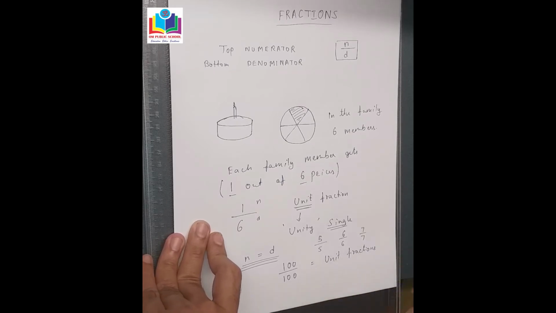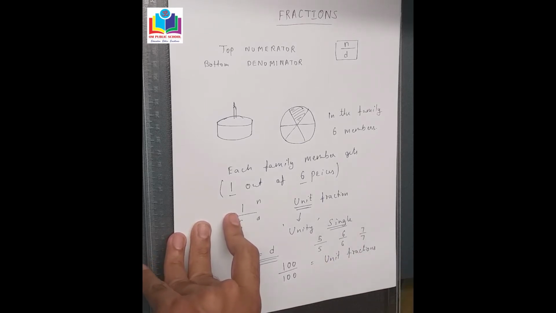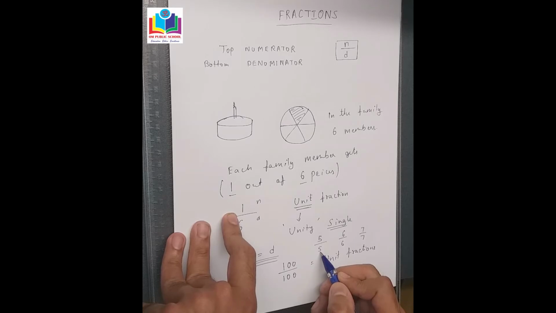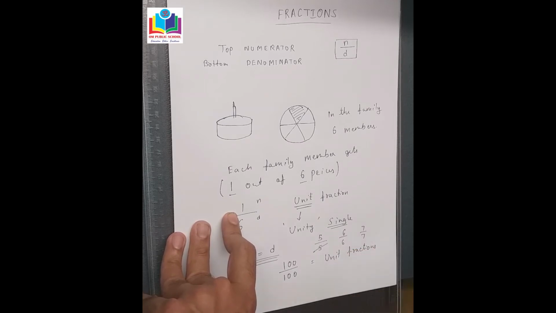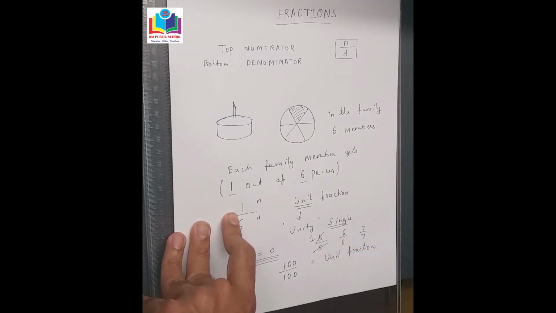Because when we cancel them, how do we do the cancellation? We cross the numerator with the help of the denominator. Let's do one example. In the table of 5, we see 5. Let's check. 5 ones are 5.